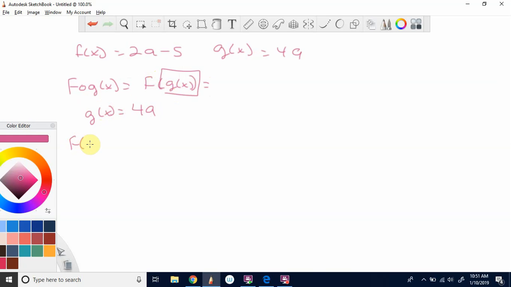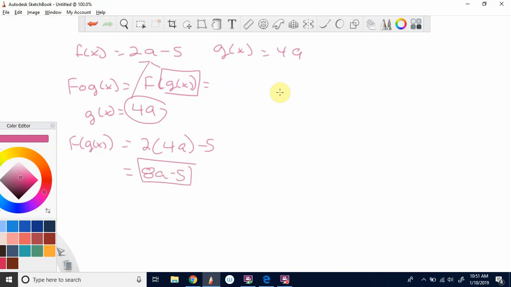Now I want to do f of g of x, so I'm going to put this into this. So 2 times 4x minus 5. Then I just simplify this expression: 8x minus 5.